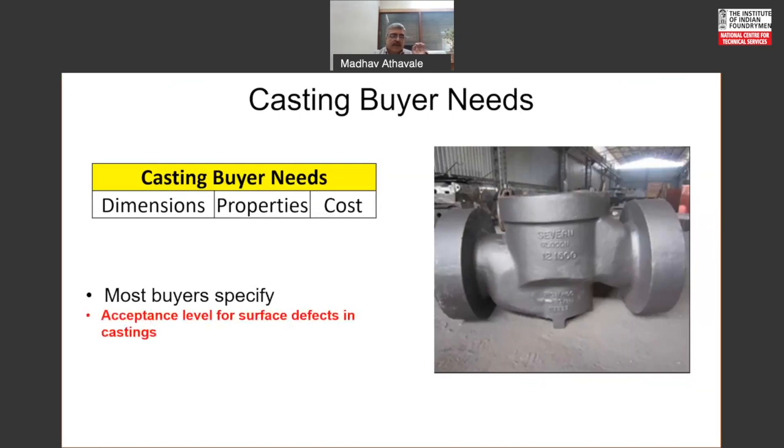One is acceptance level for surface defects in a casting, and second, type of finish for some castings where they may specify RA or RMS values. So we are talking about texture of the surface finish, texture of the surface rather.